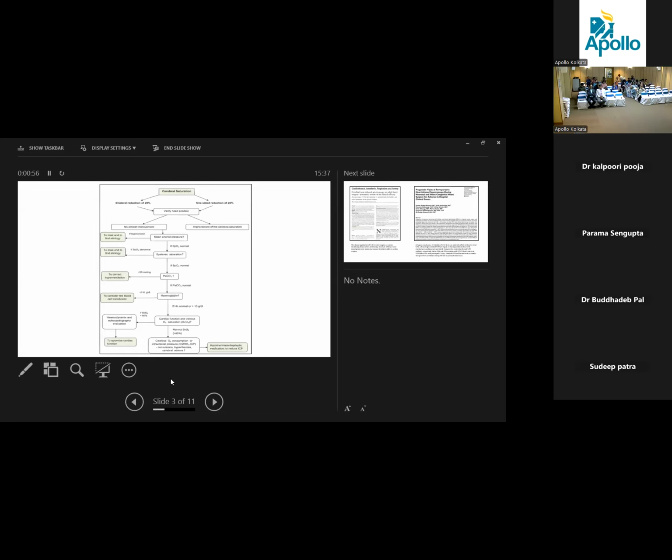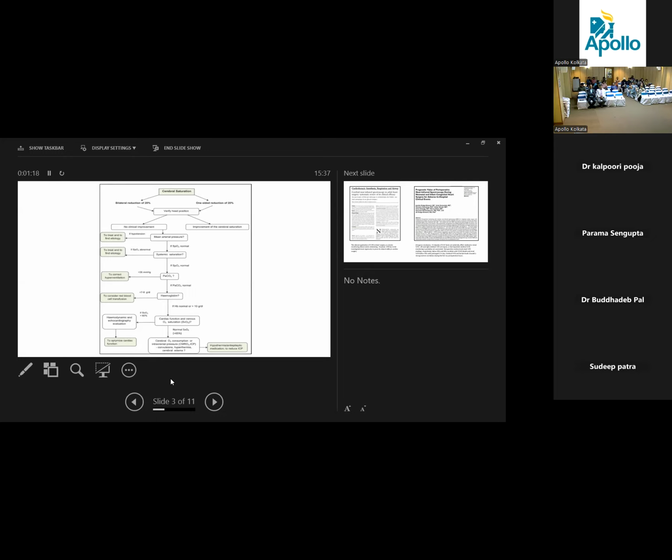As we can see, this is the algorithm we follow. Cerebral saturation shows a bilateral reduction by 20% or a one-sided reduction by 20%. We verify the head position to see whether there is any kinking of the carotid arteries or any excessive turning of the head. If by making the head neutral there is improvement of cerebral saturation, it's okay.